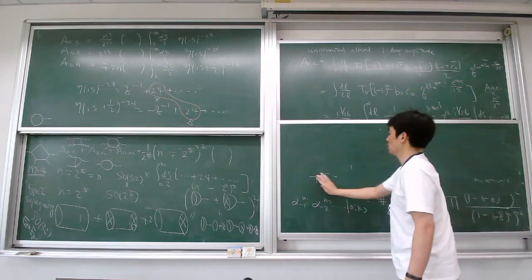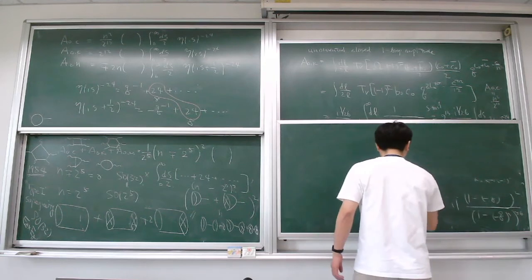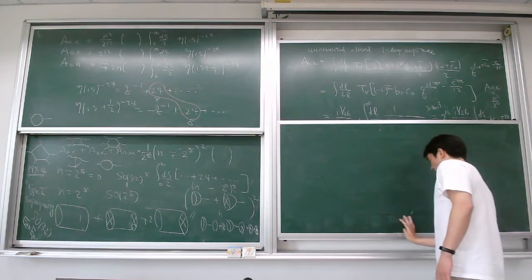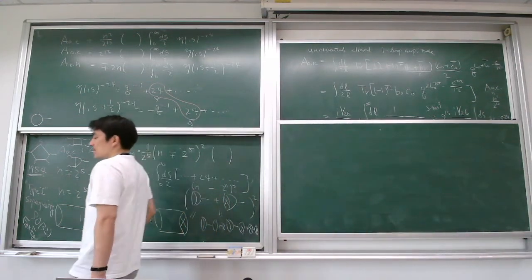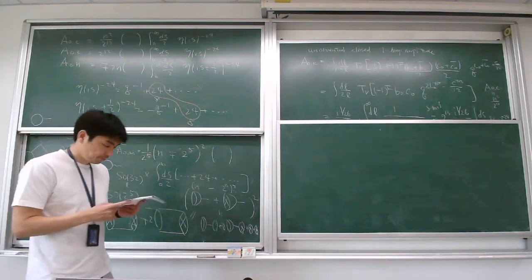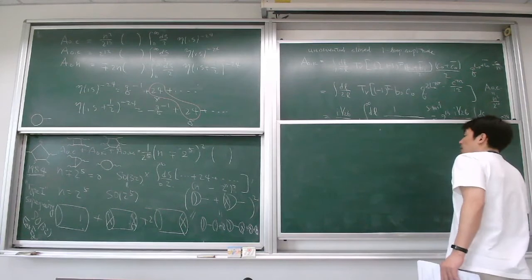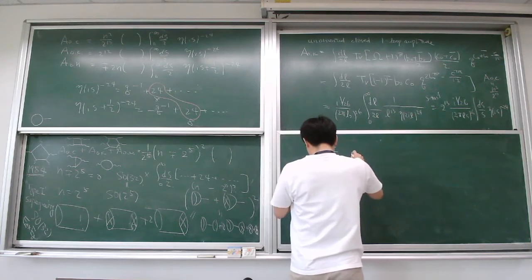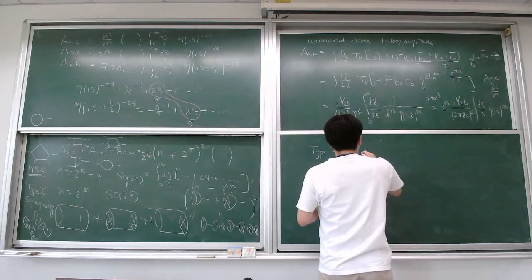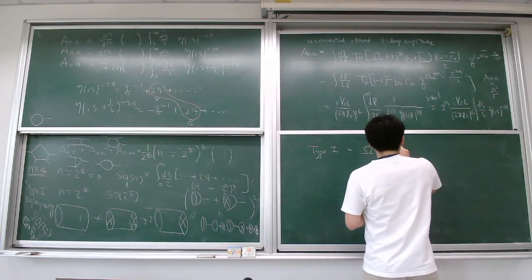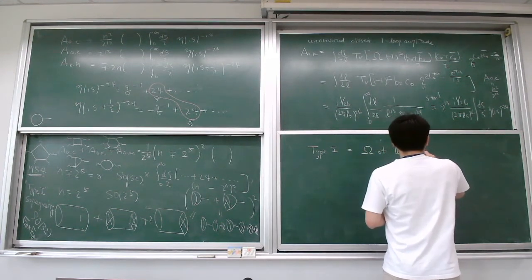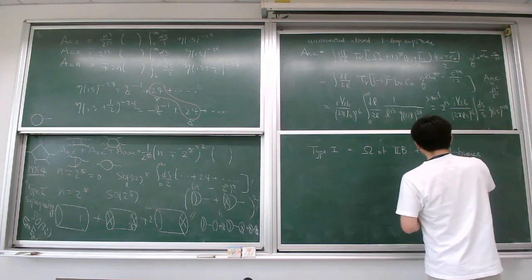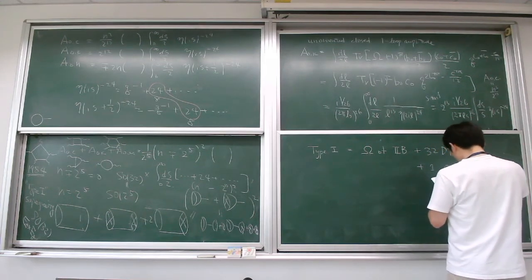In the upshot, the type 1 theory is the orientifold of type 2B plus 32 D9 branes and one O9 minus plane.